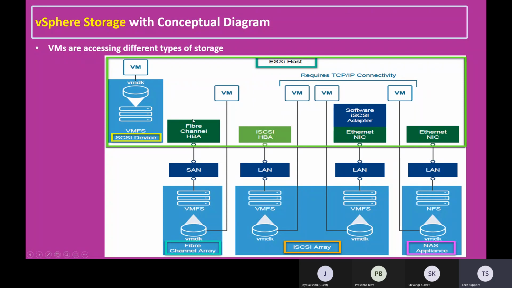I repeat, for Fibre Channel SAN, the interface card name is FC HBA. For iSCSI SAN access, you can use an iSCSI HBA card. You can use either a hardware card or a software iSCSI adapter. When it comes to NAS storage, the main interface is a normal network interface card. Is it clear?